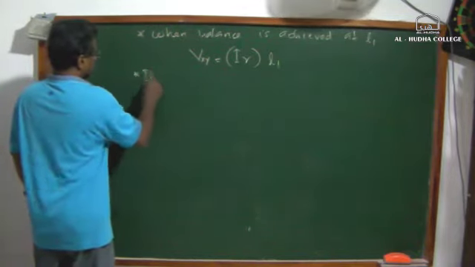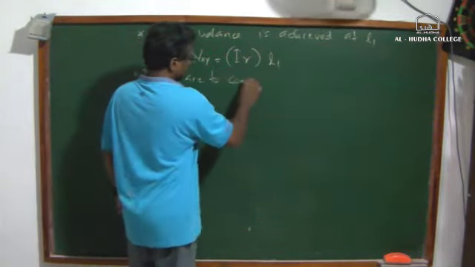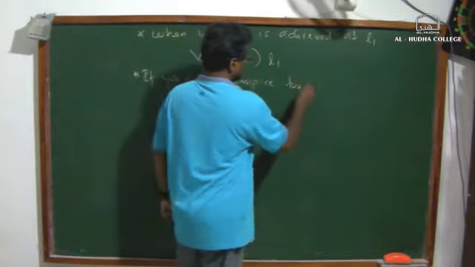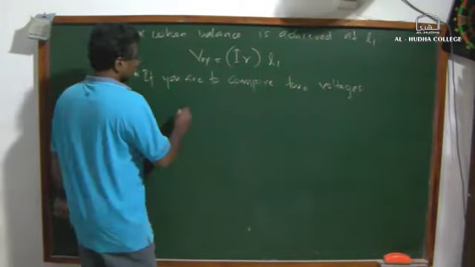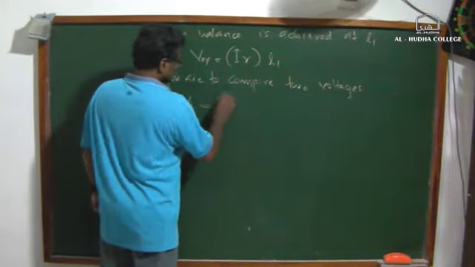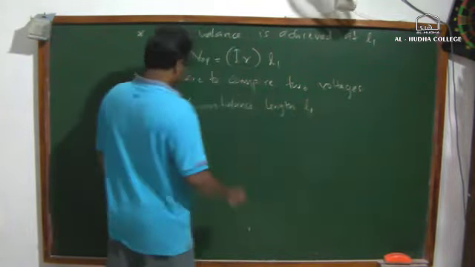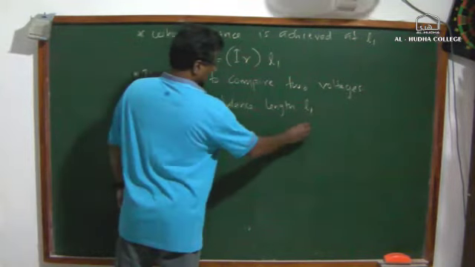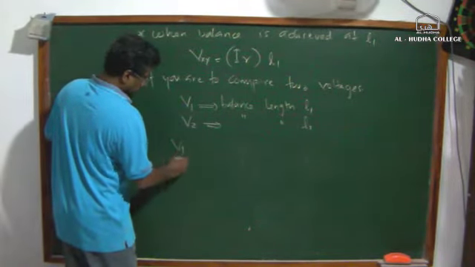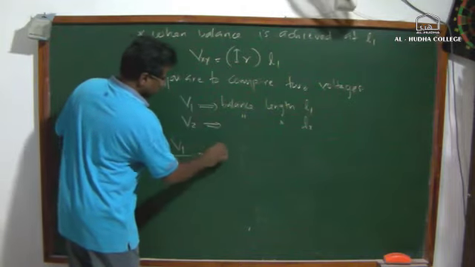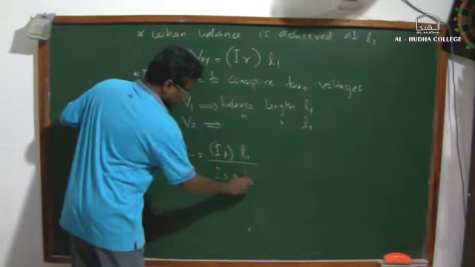So if you are to compare two voltages, say V1 and V2, and for V1 you get a balance length of L1, and for V2 you get L2, you can say V1 upon V2 equals IR into L1 divided by IR into L2.